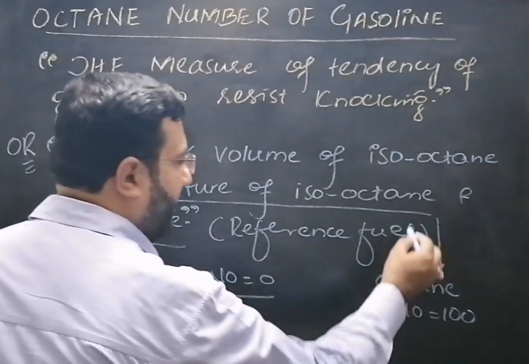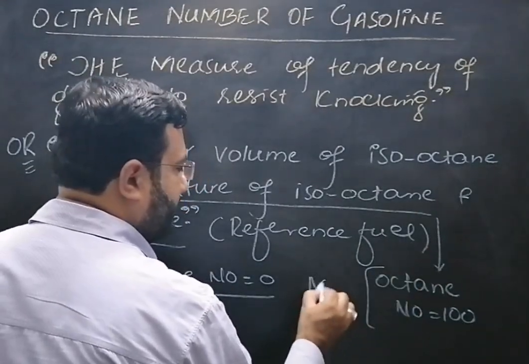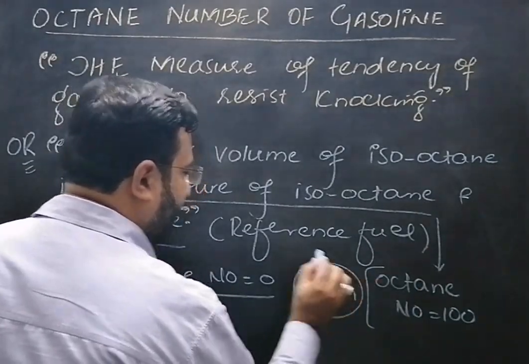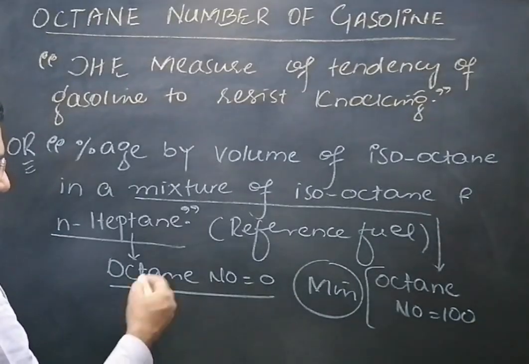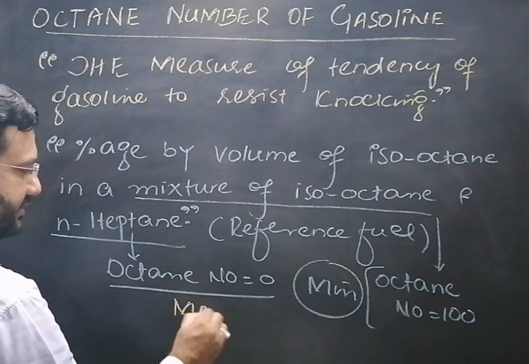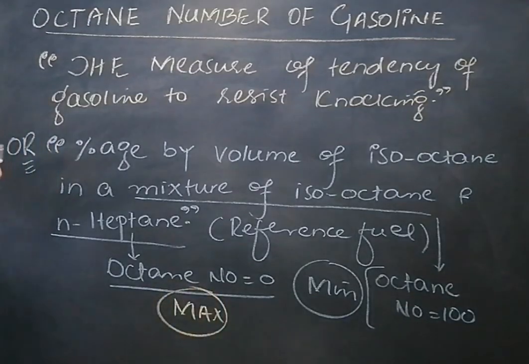So isooctane is the best fuel which produces minimum knocking, and normal heptane with octane number 0 is the worst fuel which produces maximum knocking.